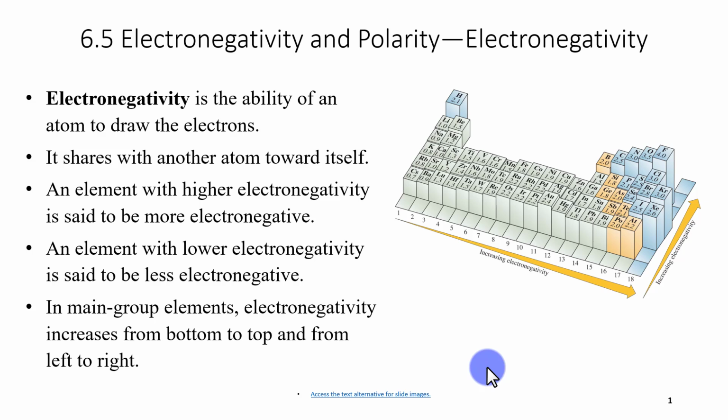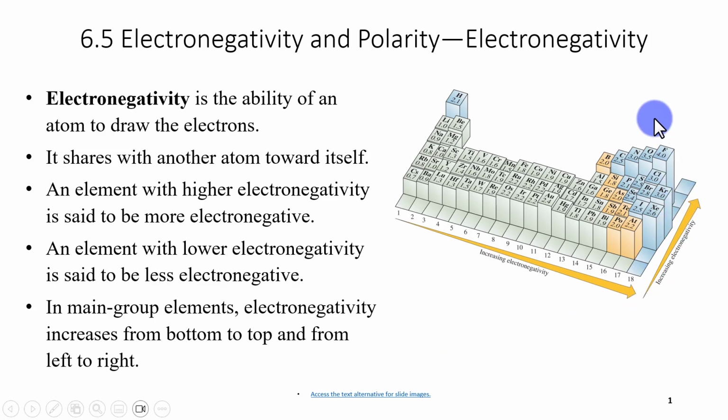Electronegativity is the ability of an atom to attract electrons. So how strongly does an atom of an element attract electrons to itself? If you remember back, we talked about the periodic trends.